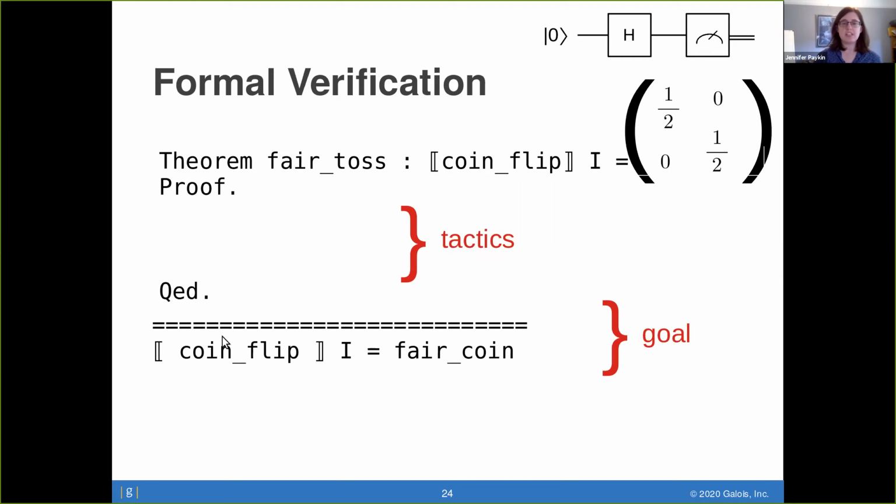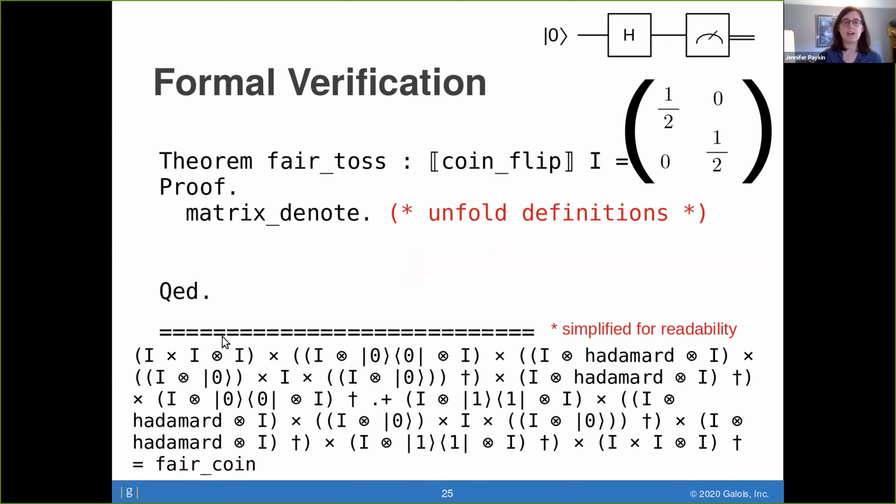In addition, we use these tactics to manipulate a goal. Right now our goal is just the statement of our theorem, but as we apply tactics, the goal will change. For example, we start off by using a tactic that we wrote, called matrix denote. All this does is unfold the definitions of coin flip and the denotation function.